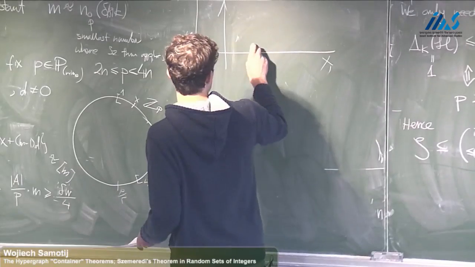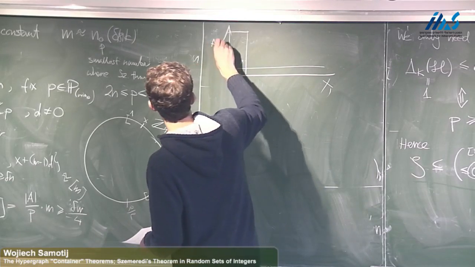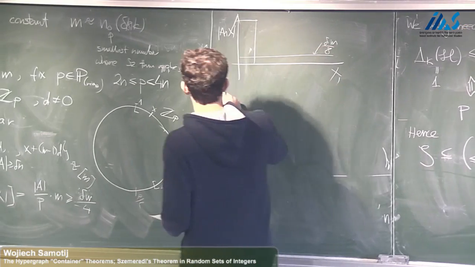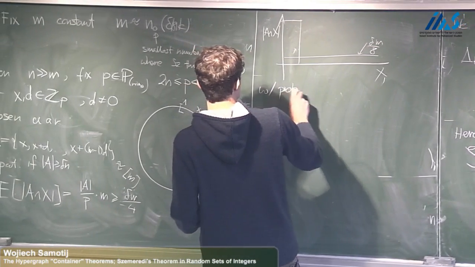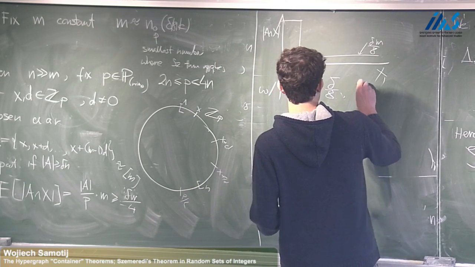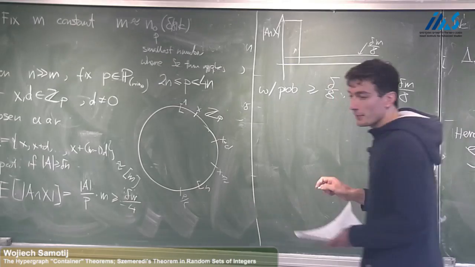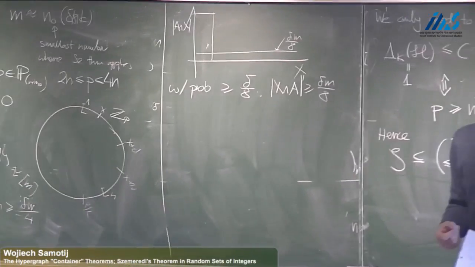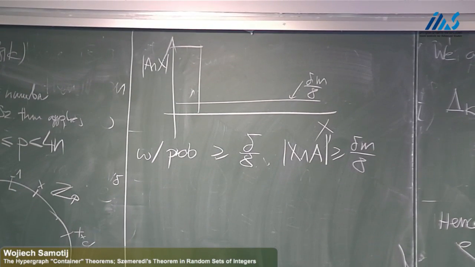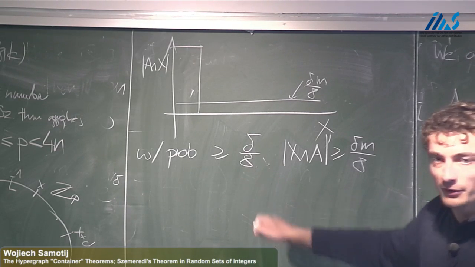This is the worst case scenario. So with probability at least delta over 8, X intersection A has at least delta over 8 m elements. So with probability delta over 8, I can apply Szemeredi's theorem, which means I find one arithmetic progression there.